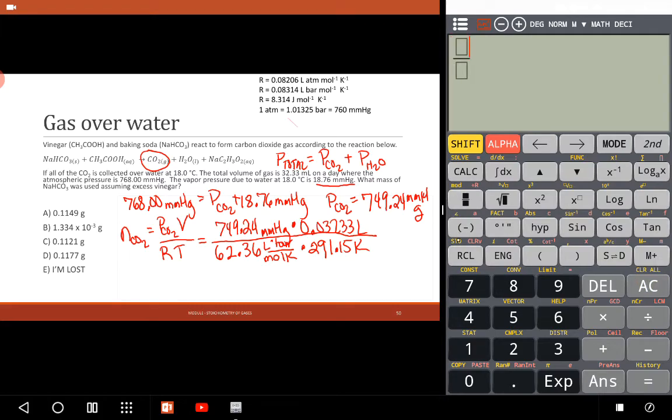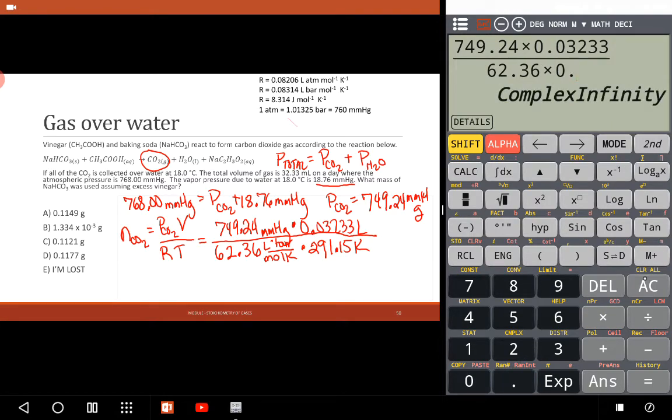So I can now type this in and I get 749.24 times 0.03233 divided by 62.36 times 291.15.